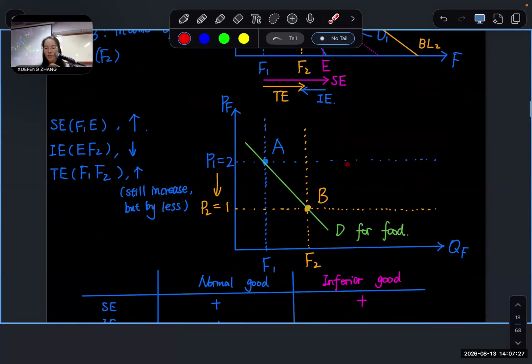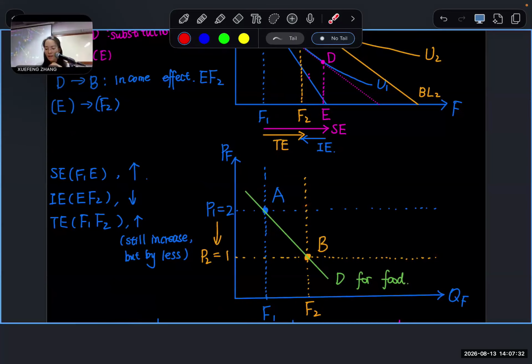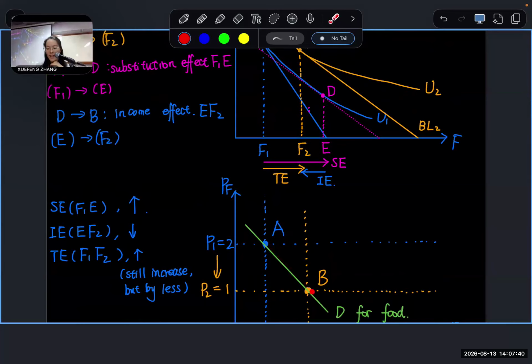Okay, and then draw the demand. So my question here, this green demand function, what kind of demand is this? I got it from point A and B. Any idea? What kind of demand?